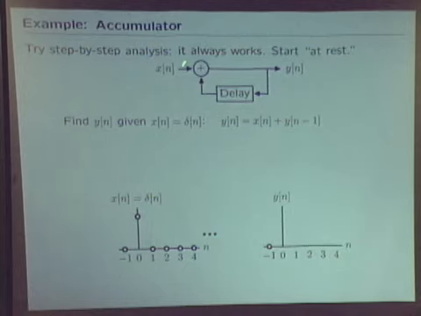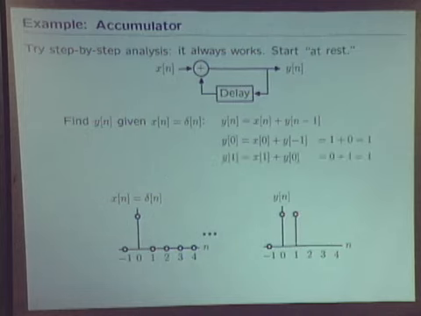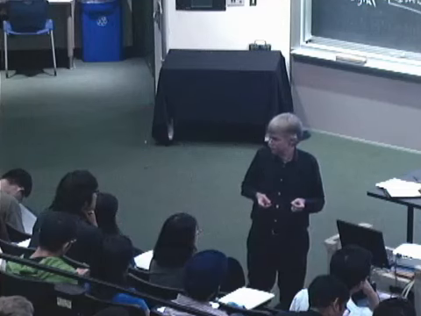Now the input comes in at time 1. So x of 0 is 1, so the output becomes 1. And now because of the way the feedback path works, the second sample is also 1. Everybody see that?